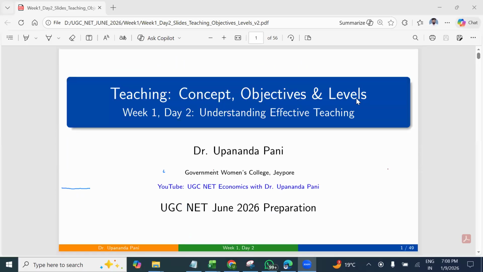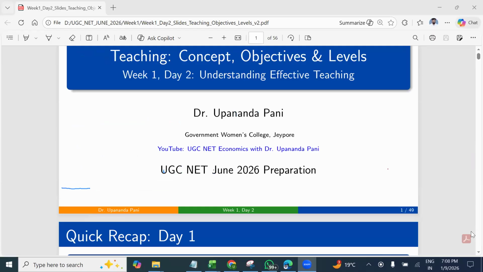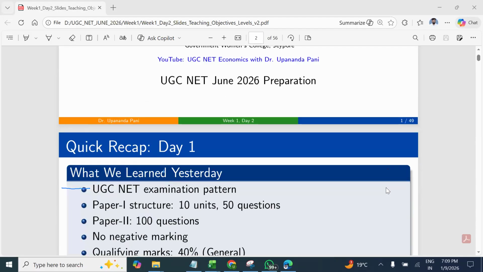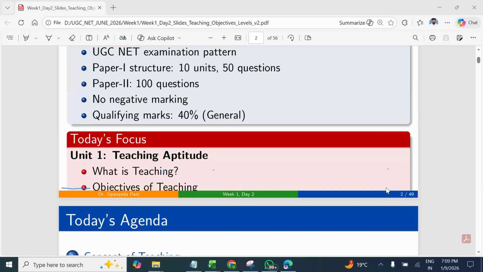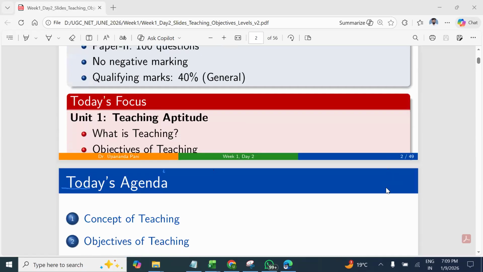Right? So what we had learned yesterday is more of an introduction. So this is what we have learned. Today's focus will be on teaching aptitude, that is unit 1.